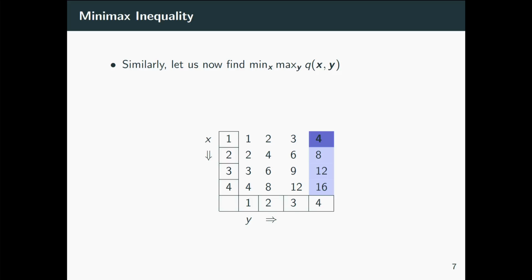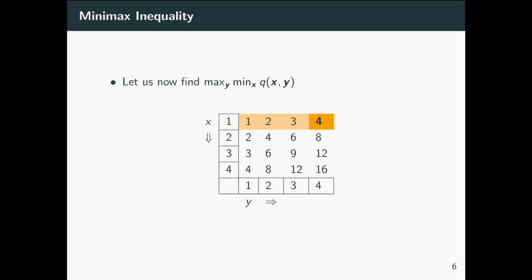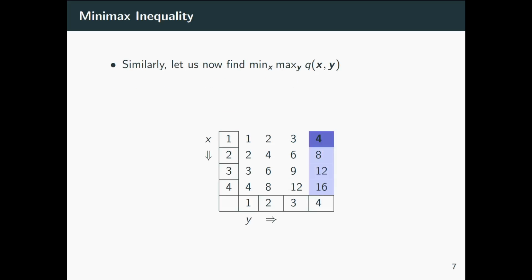And now you're trying to minimize this new function of x over x, which means that you'll end up choosing x equal to 1 corresponding to a functional value of 4, right? So when we found the max min, we found the value of 4, and when we did the min max, we found the value of 4.